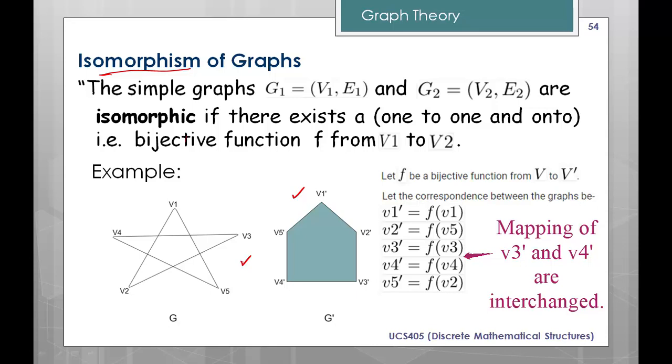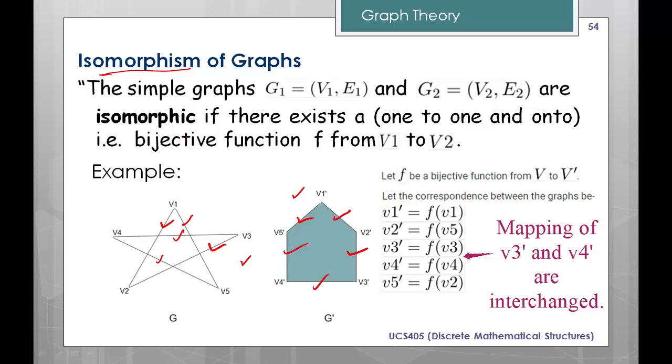Same way, the second also contains 5 vertices. Second step, we count the edges. An equal number of edges must be present in both graphs. The first graph has 5 edges, and the second graph also has 5 edges.